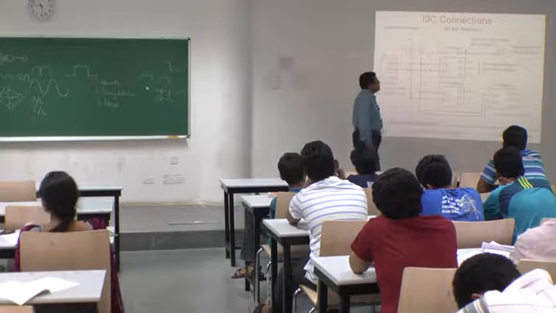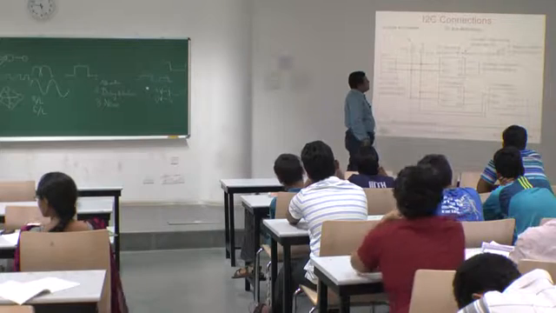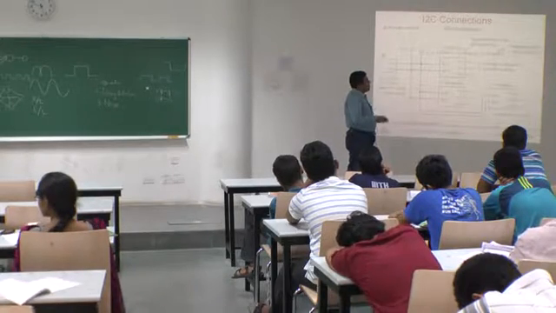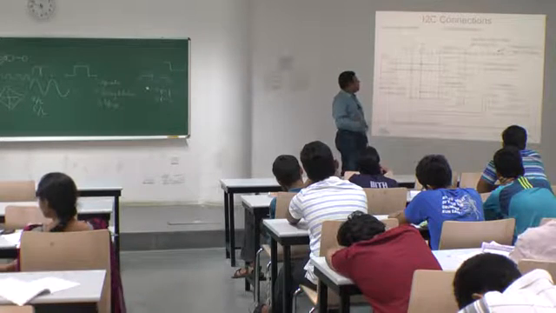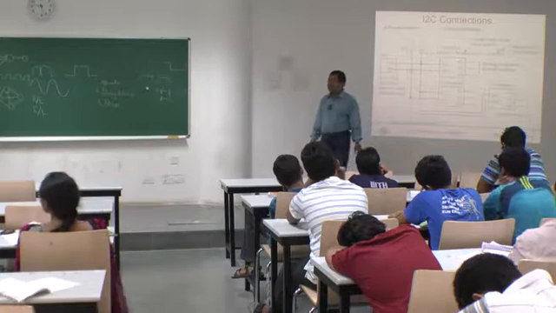If it is 0, then it is write mode, so the data is transferred from the master to the slave. If it is 1, it is read mode, and the data is transferred from slave to master.